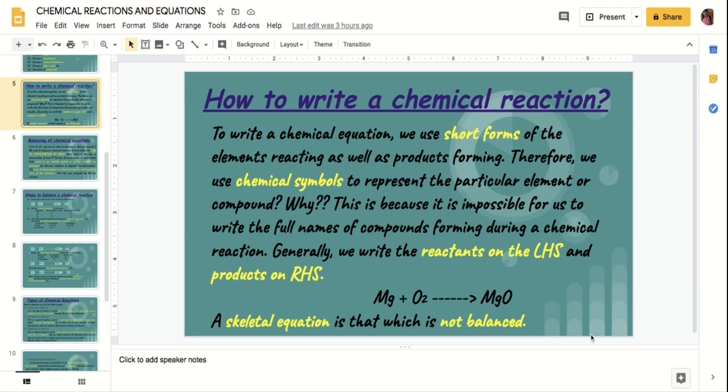Another piece of information is that a skeletal equation is one which is not balanced. Now, you all might know better than me that, not skeletal equation, leave that. Why do we need to balance? Let's take that question. Now, we already know that we have to make the number of atoms of the elements that are reacting equal on the LHS as well as the RHS.